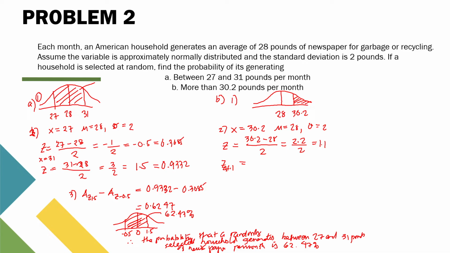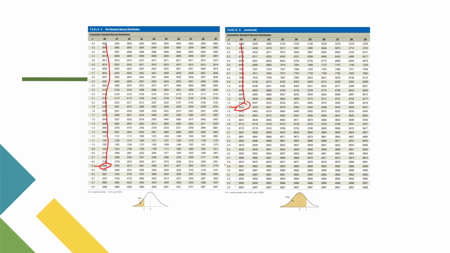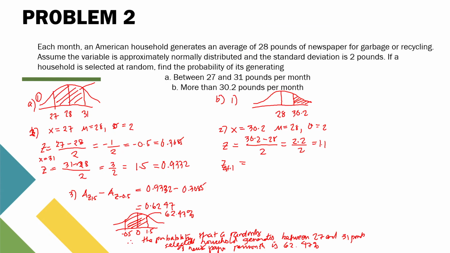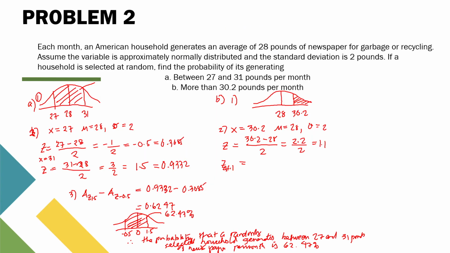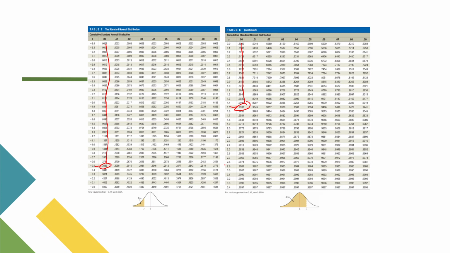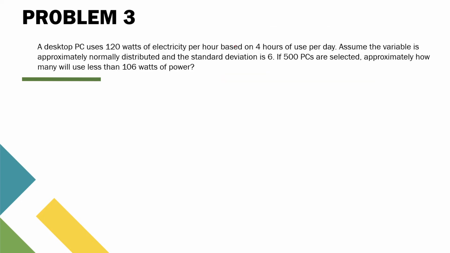So if we locate that in a table here, okay, 1.1, so this is 1.1, the area is 0.8643.